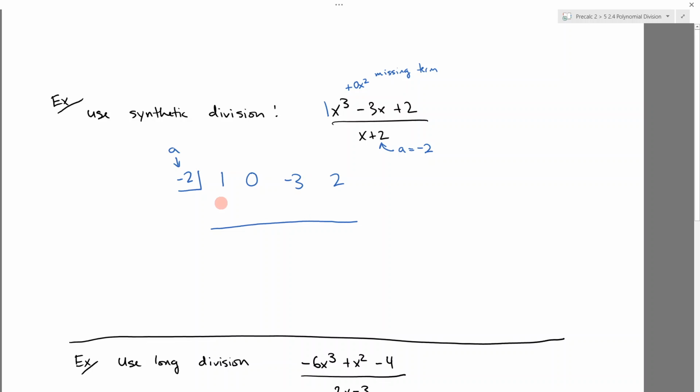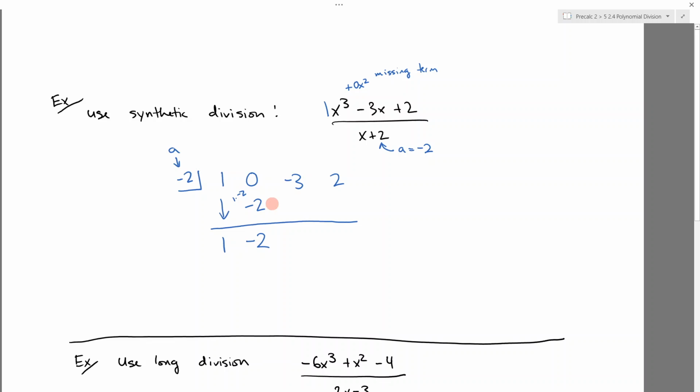Okay, so the first number you bring down, then you multiply. 1 times negative 2 is negative 2. Add going down. 0 plus negative 2 is negative 2. And then multiply.